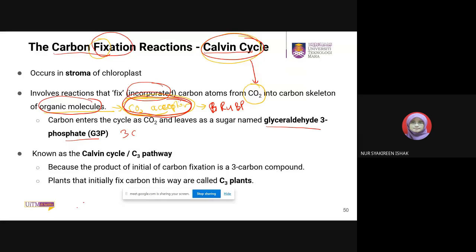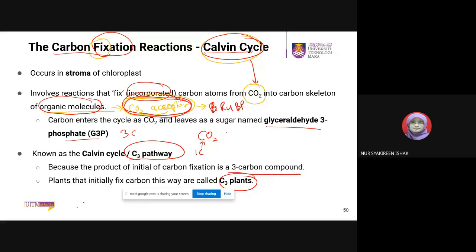Okay, so Calvin cycle is also known as C3 pathway because the product of initial carbon fixation is a 3-carbon compound. Plant that initially fixes carbon this way is called a C3 plant. Carbon dioxide is a 1-carbon compound.